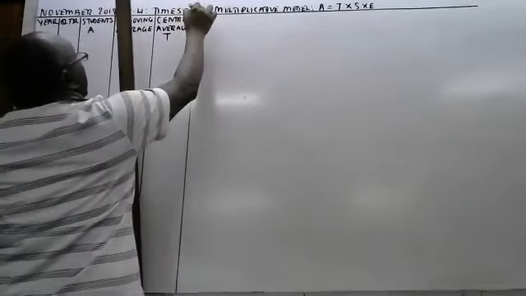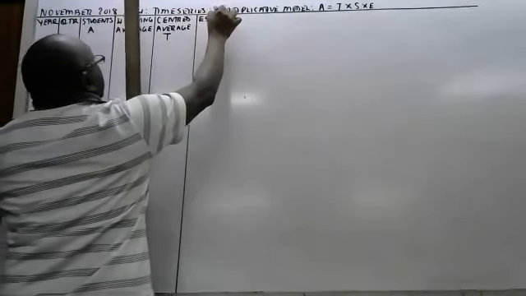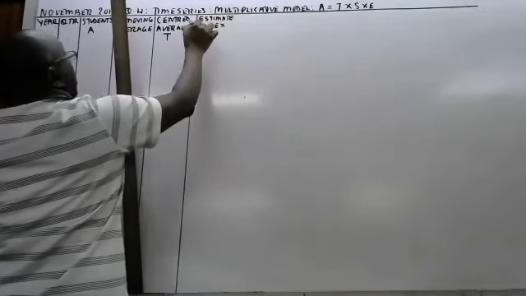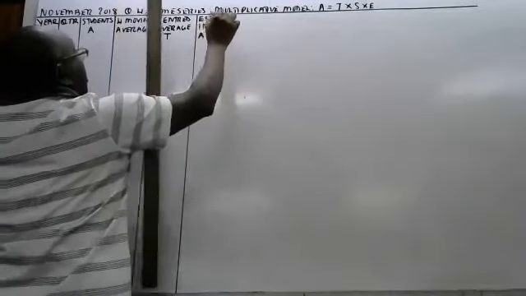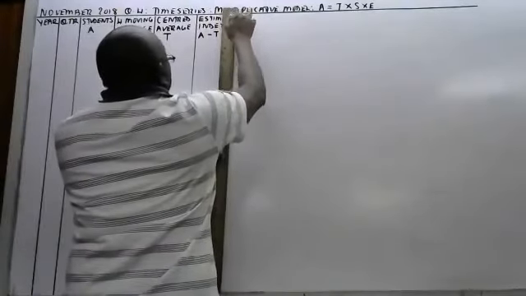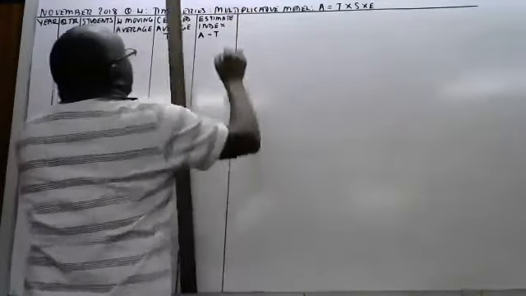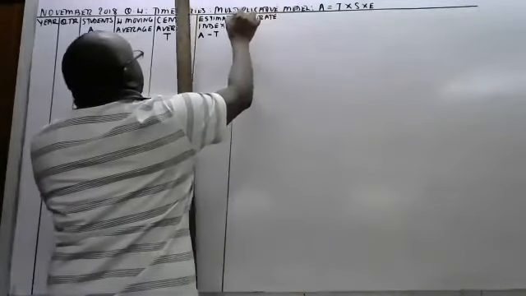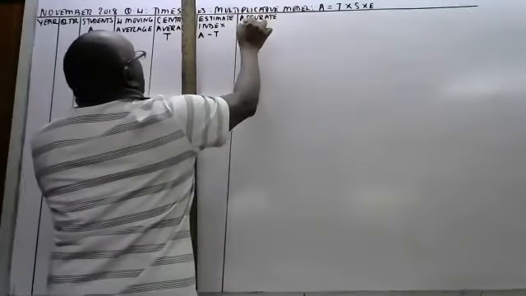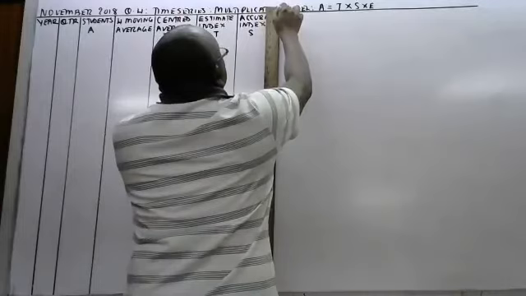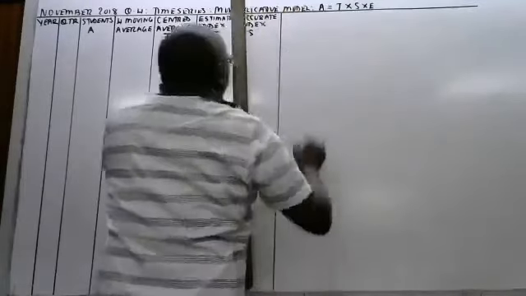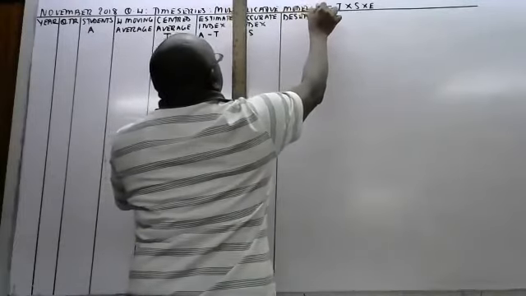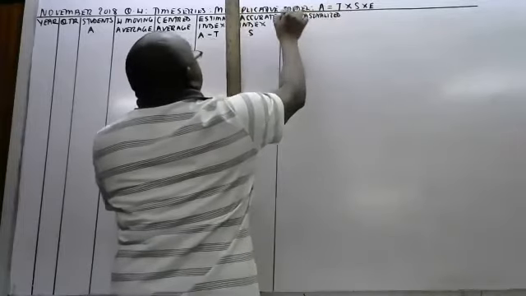Then I will have estimate index, and this will be A divided by T. Then we will have accurate index, which we are going to call S. Then we have what we call the seasonalized values.